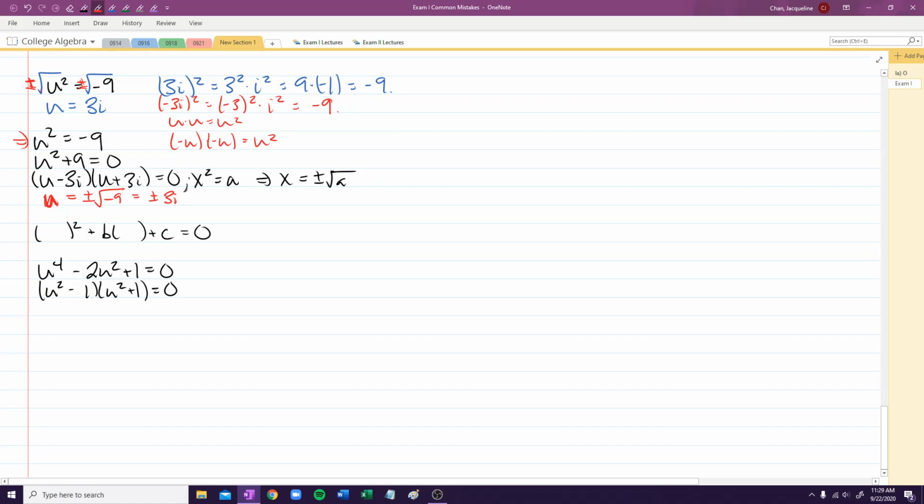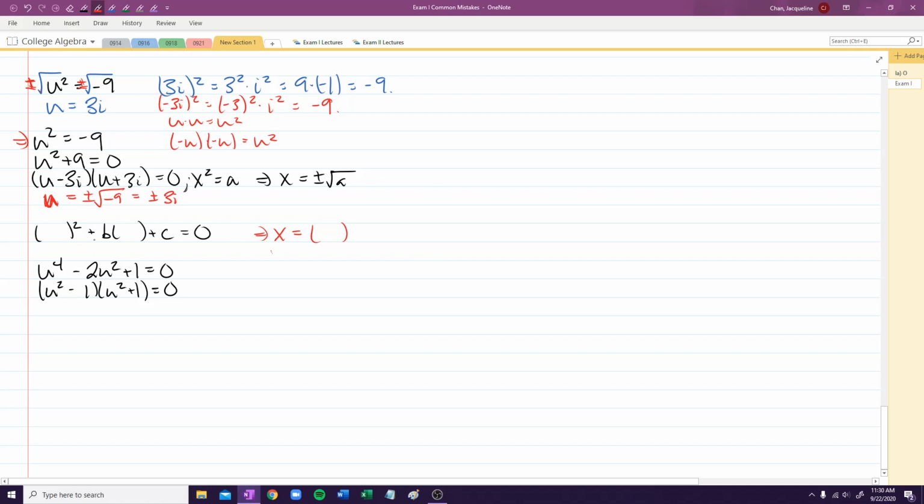Also, we had this problem. It was something quantity squared plus b times that something plus c. My intention for that was you're supposed to say like x is equal to this something, assuming that this something was not in variable x. Right? But a lot of you, what you did is that you FOILed it out, and then you distribute this.